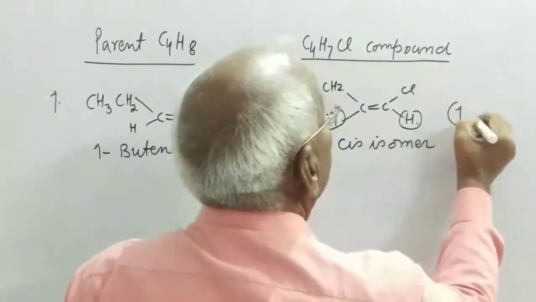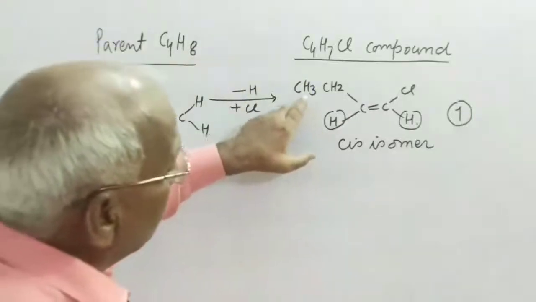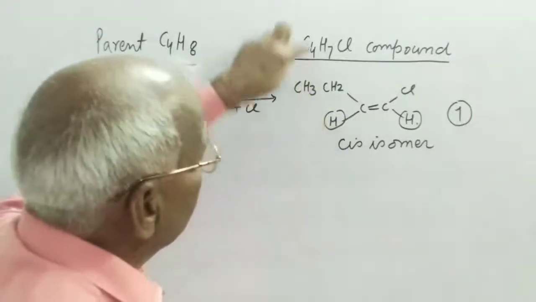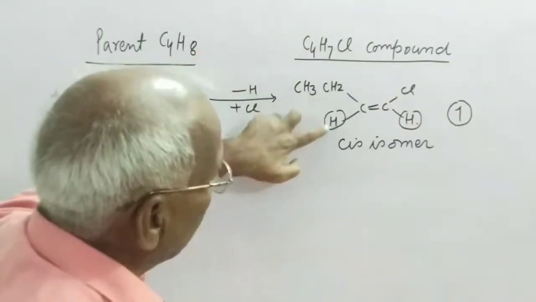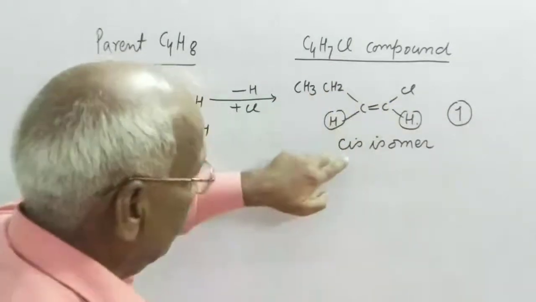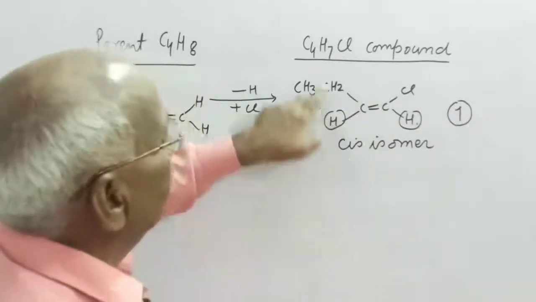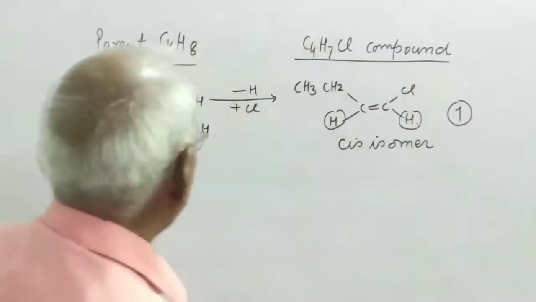Write it as number 1. Molecular formula C4, hydrogen atoms 7, and this Cl. So this cis isomer represents the molecular formula C4H7Cl.